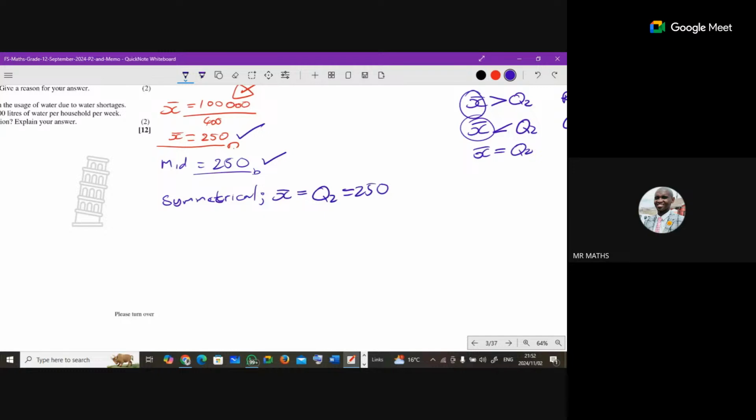Are we together? So both your mean and your median are equal.